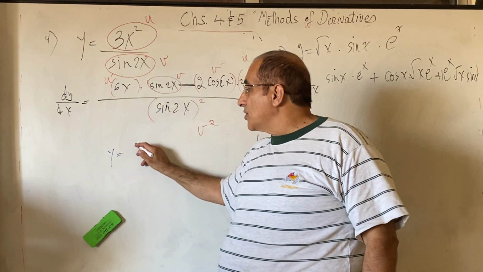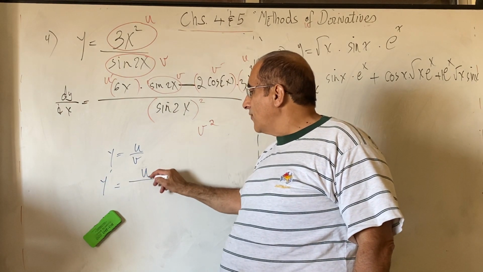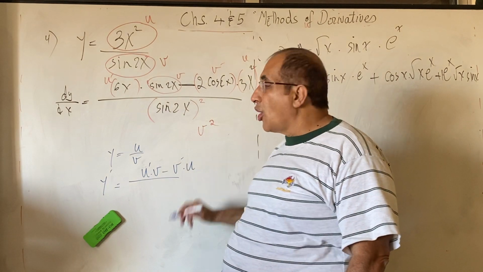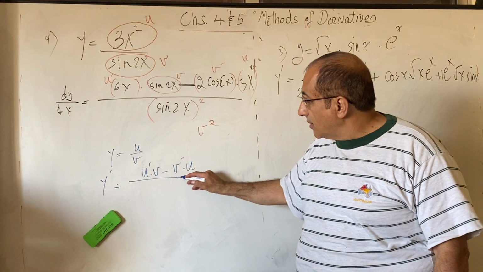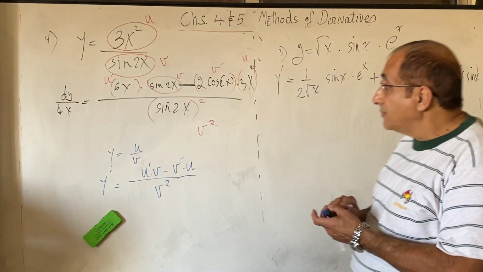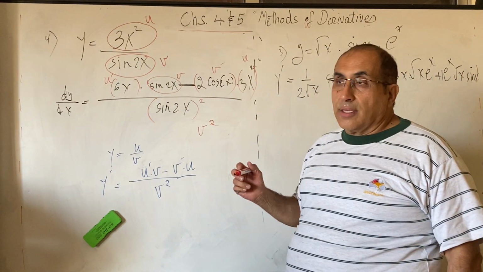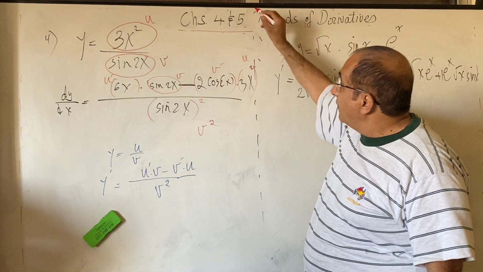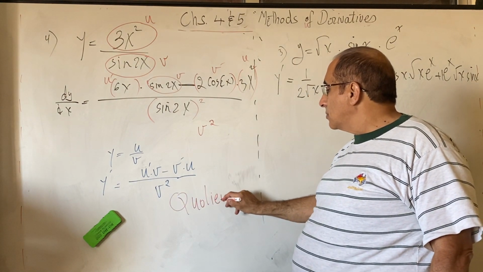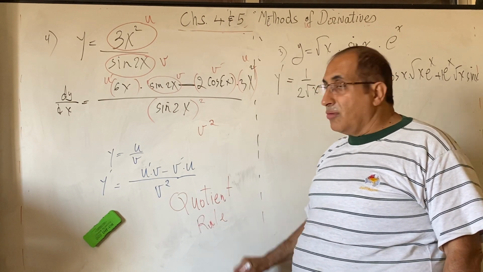All right, y equals u over v. The derivative is the derivative of the top times the denominator, minus the derivative of the denominator times the numerator, all divided by the denominator squared. And guess what? This is called the division rule. In chapter 5, we give it a name, quotient rule. Quotient means division. So you can call it division rule or quotient rule.